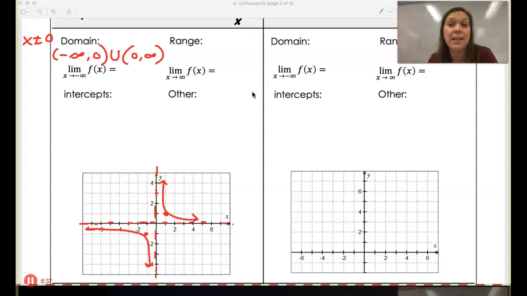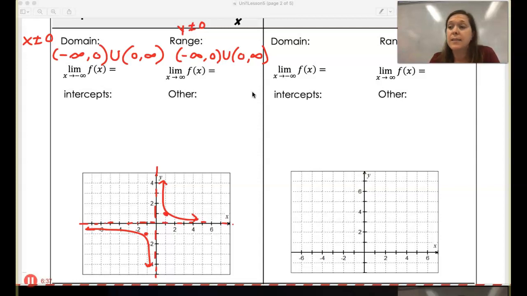There's no way to make that whole thing 0 because there's a 1 in the numerator. I cannot turn a 1 into a 0, okay? So my range is everything excluding 0 also. So y cannot ever equal 0. So how do we write that in interval notation? Negative infinity to 0, union 0 to infinity.